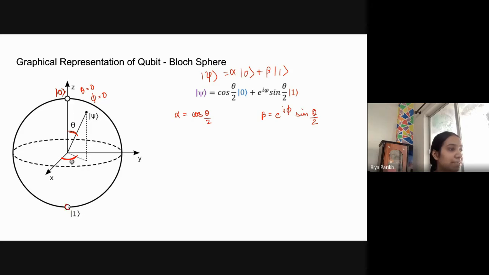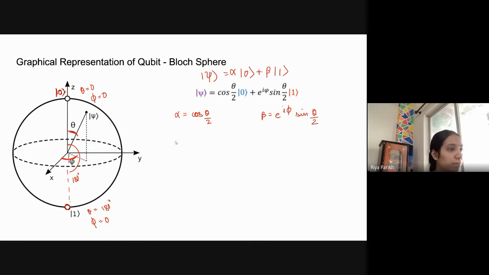For the state 1 of the qubit, which lies at the bottom-most part of the Bloch sphere, you can see that theta is 180 degrees and phi is 0. So when we put those values into alpha and beta, let's see whether we can get the exact 0 and 1 or not.